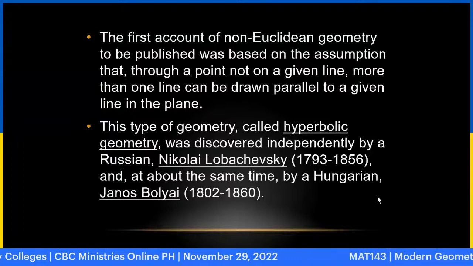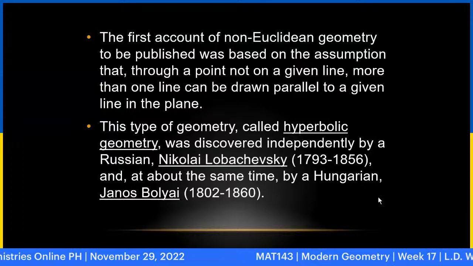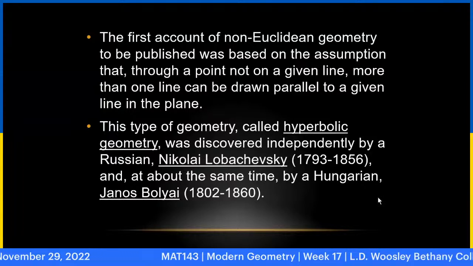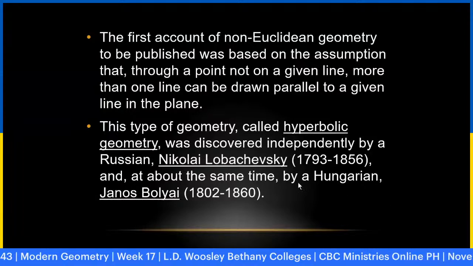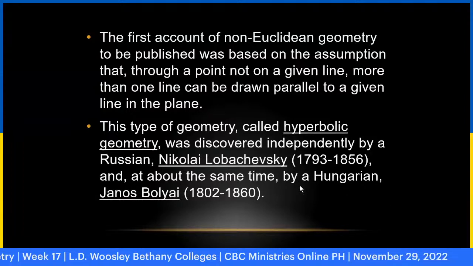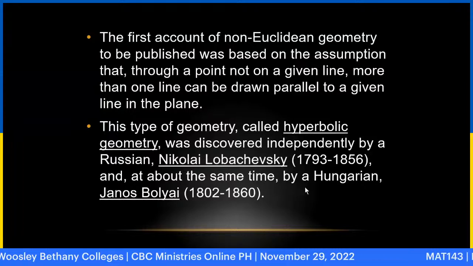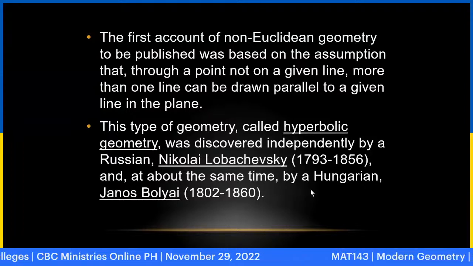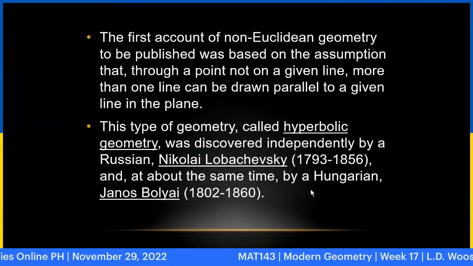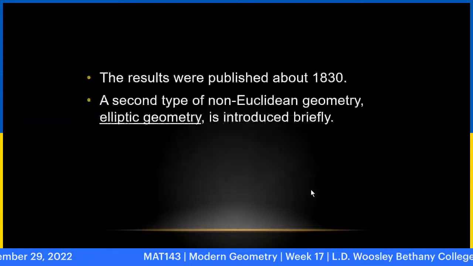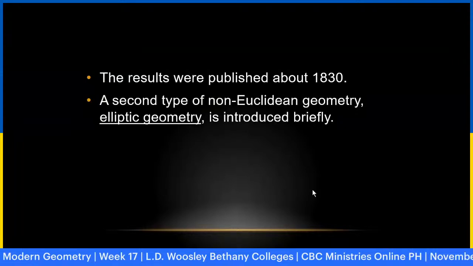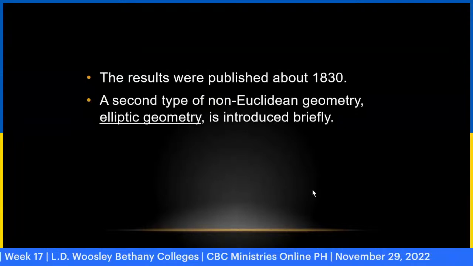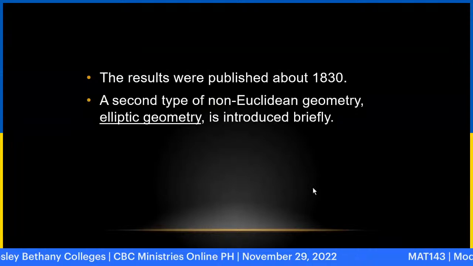But also known as hyperbolic geometry. Alright? So guys, tandaan nyo rin yung concept kasi lumalabas din yung mga concepts na ito sa board exam. Yung mga term na yan: Nikolai Lobachevsky and Janos Bolyai. That's why Lobachevsky-Bolyai geometry is also known as hyperbolic geometry. The results were published in 1830. A second type of non-Euclidean geometry, elliptic, is introduced briefly as well.